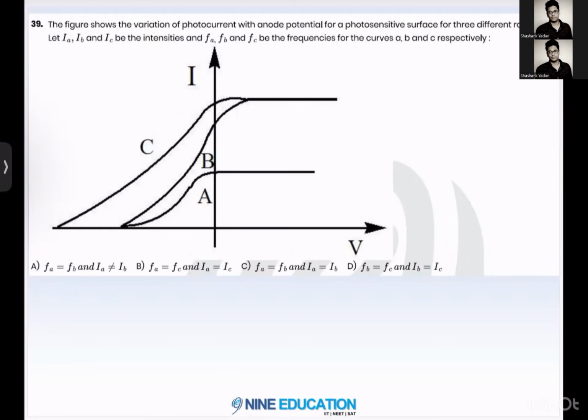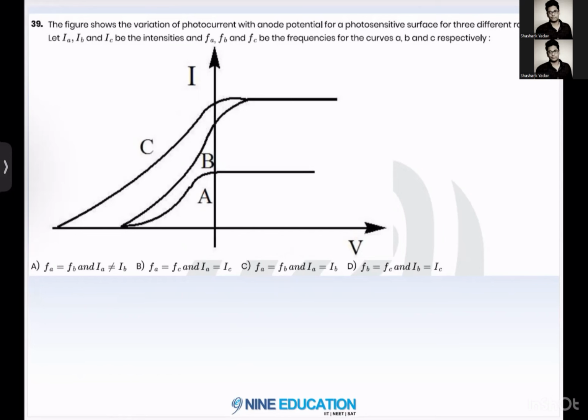So this graph is between photocurrent and the anode potential for a photosensitive surface for three different radiations, IA, IB, and IC.